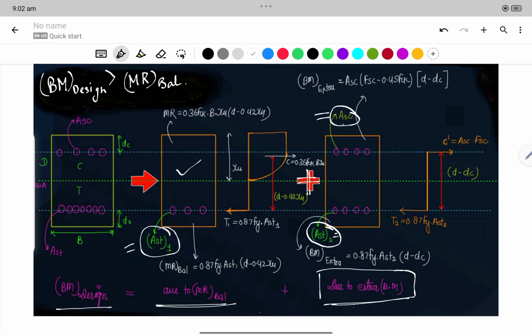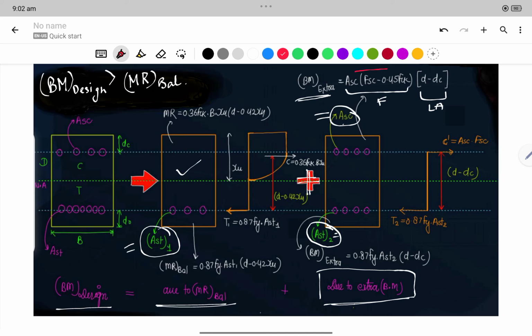You can see here how we can get them. Bending moment extra is equal to the force into lever arm. How can we get ASC?